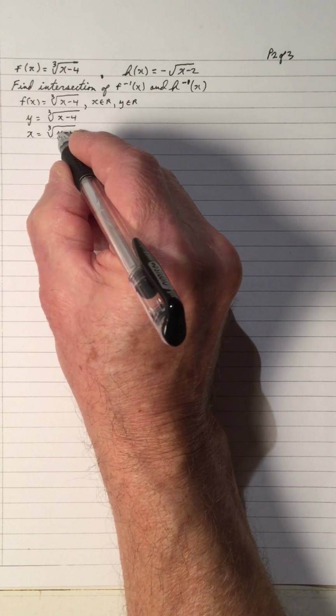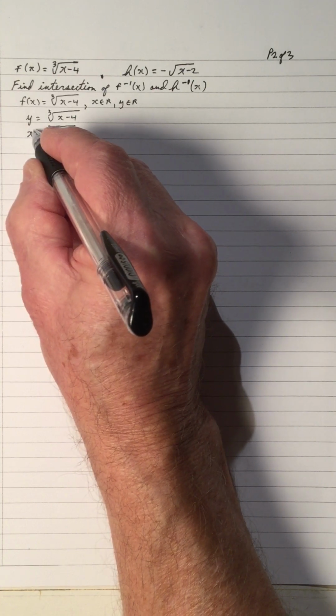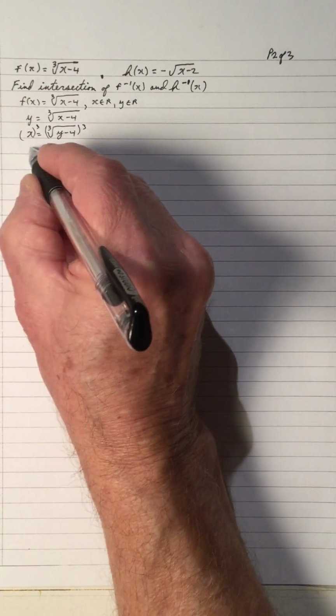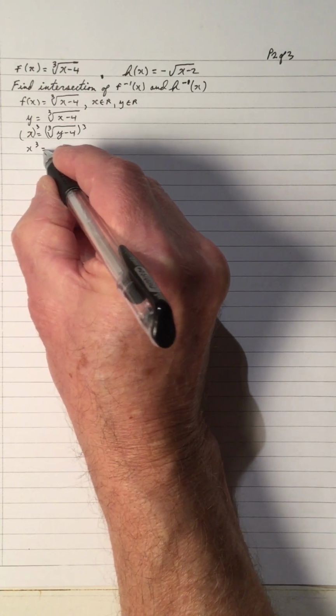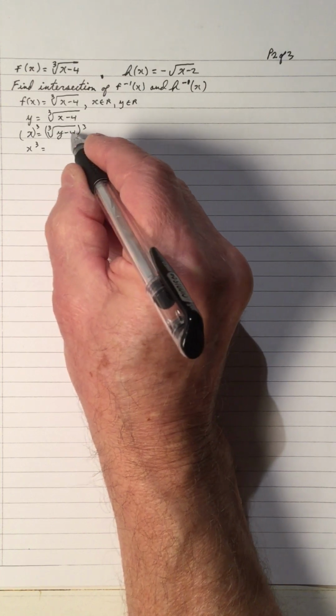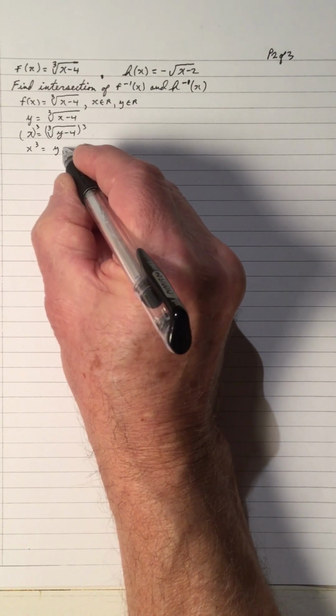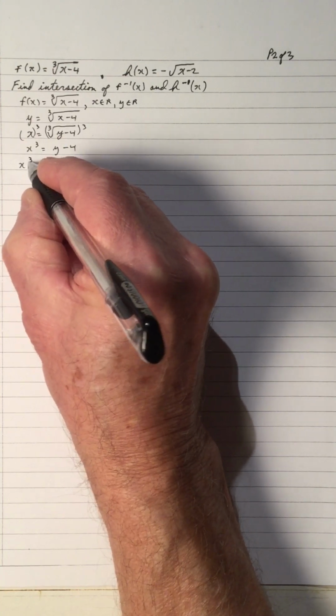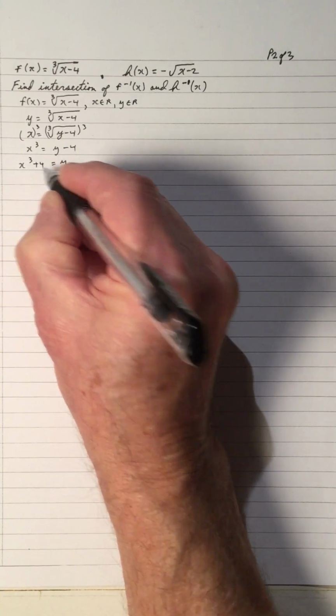Because that's a cube root, I have to cube both sides. So we cube this side and we cube this side. So that's x cubed equals the cube root of y minus 4, cubed, which is y minus 4. So y is equal to x cubed plus 4.